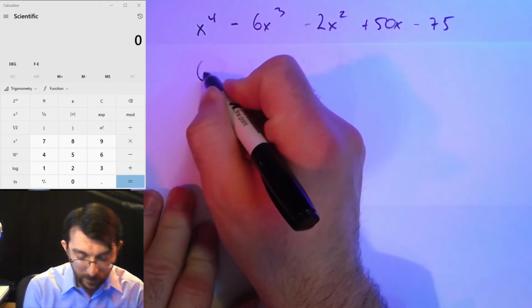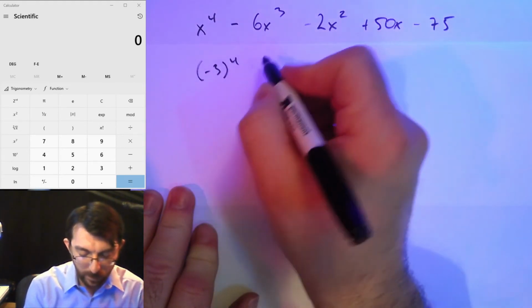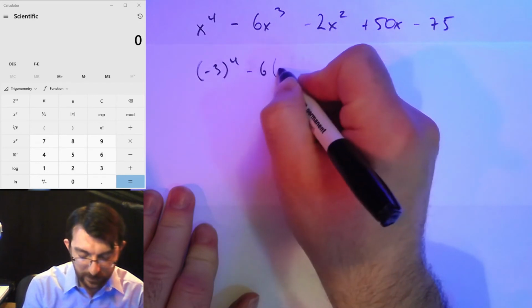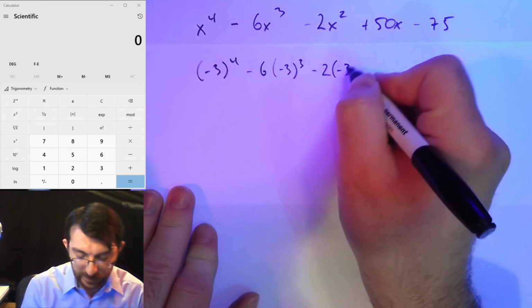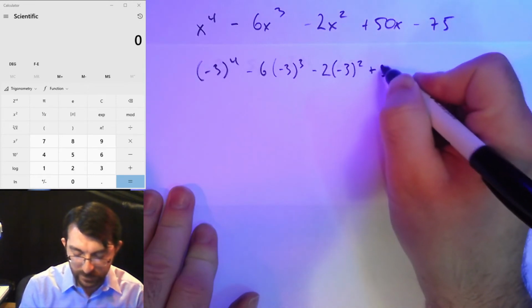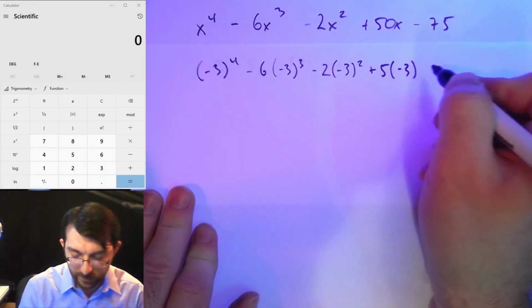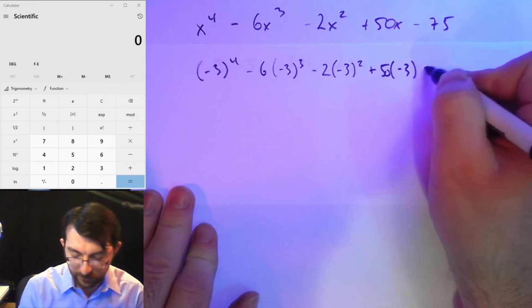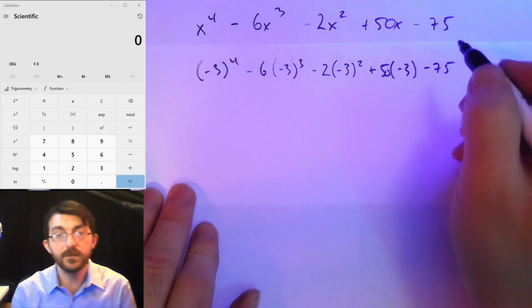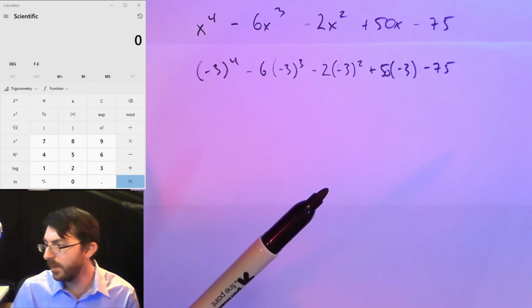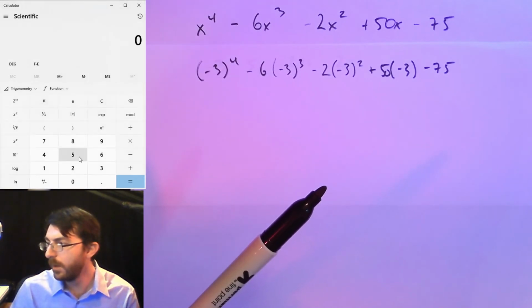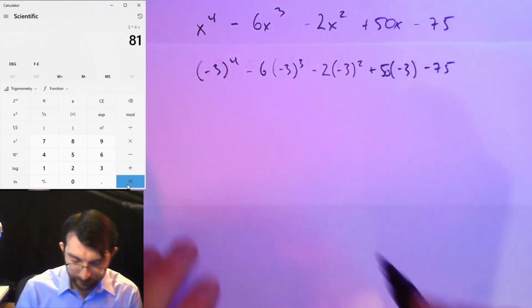0. -3 to the fourth power minus 6 times -3 cubed minus 2 times -3 squared plus 50 times -3 minus 75. So let's see, 3 to the fourth power is 81.